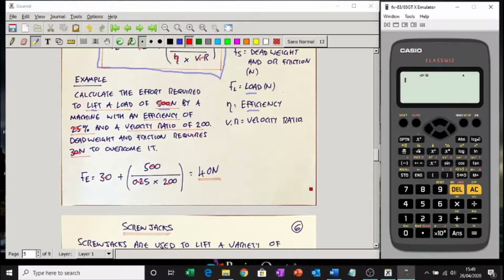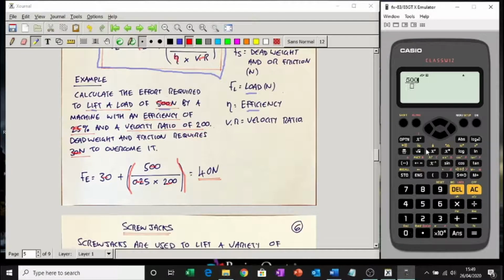So I'll do this bit here first. Look, 500 divided by a quarter of that. Shouldn't really need a calculator, but I'll just do it anyway. Gives you that, plus the 30 gives you 40. Make sure you do all of this in the bracket. Then add that.